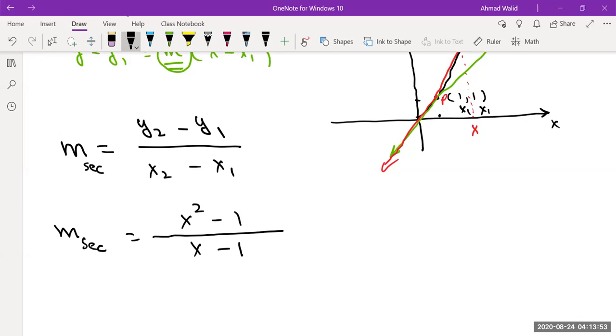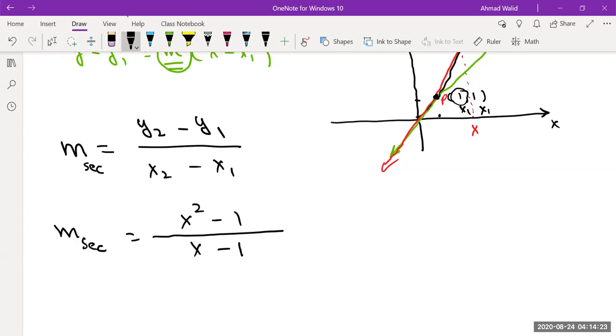Now, you see that at this point, if I plug in the value of x in my slope, it gives me 1 squared minus 1 over 1 minus 1. The 1 minus 1 in the denominator becomes 0, and any number over 0 is undefined. Then I cannot plug in the value of x, correct?